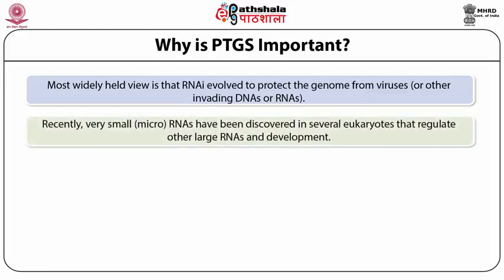And recently, these microRNAs or siRNAs, which have been discovered in eukaryotes, do a lot of functions. They regulate large RNAs and their expression and silencing, thereby impacting the development of the organism. This RNA technology is utilized to study gene functions.